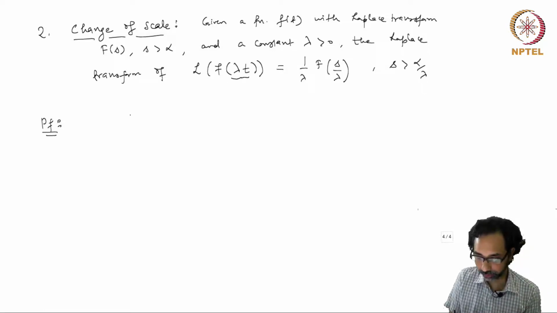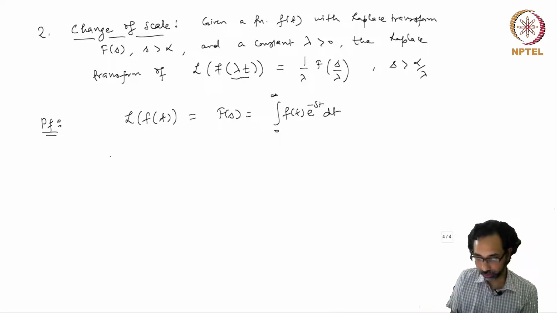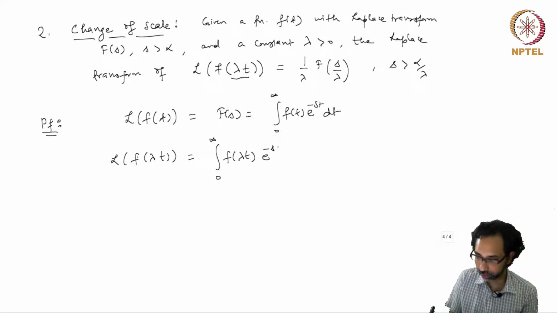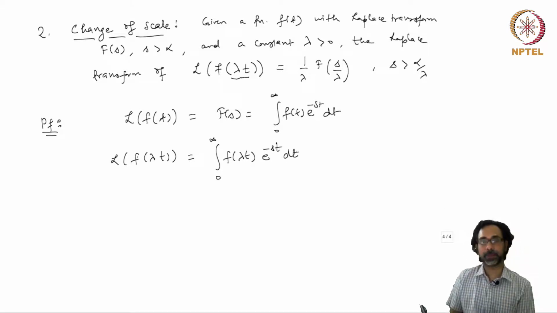So we are given that the Laplace transform of f(t) is F(s). Okay, this is the integral from 0 to infinity of f(t) e to the minus st dt, and now I want to compute the Laplace transform of f of lambda t, and this is by definition the integral from 0 to infinity of f of lambda t e to the minus st dt, right.